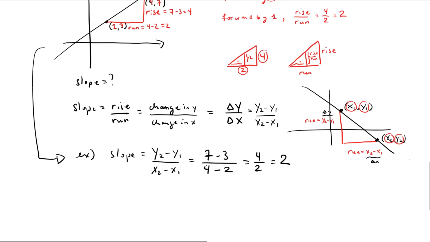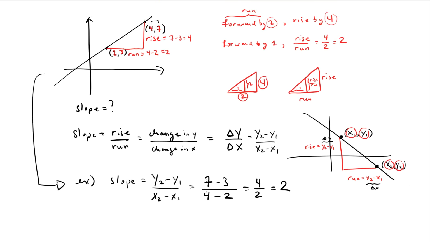Okay, but notice that, let's say instead, I actually choose for x2 the 2 here. Let's say I do 2. So of course, what goes with the y that goes with the 2 is the 3 here. So if I subtract instead 2 with 4 like that, and 3 with 7, what am I going to get?